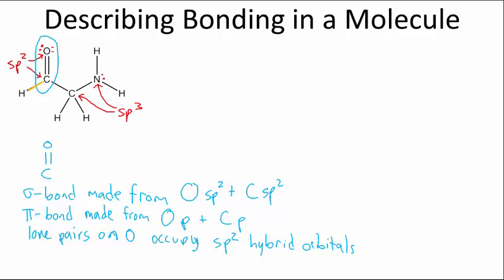All right. Then this CH bond that I highlighted in orange here. What kind of bond is that CH bond? Sigma. So this is a sigma bond. And what two orbitals come together to make that?